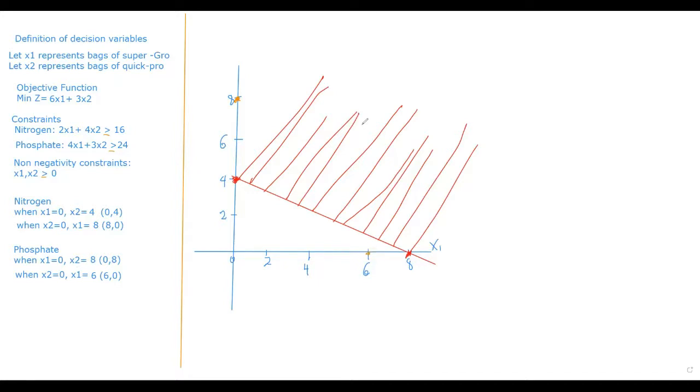You join the 2 points. This one too is greater than or equal to, so shade upwards. This is quite different from maximization. In maximization you shade downwards, but this one is minimization, so you shade upwards. You get it?